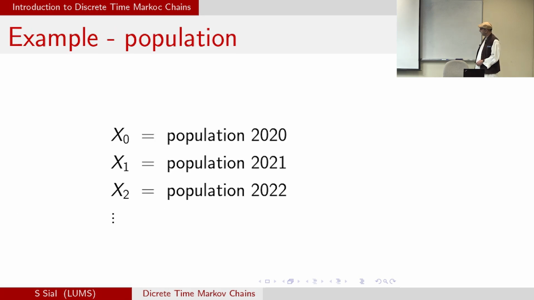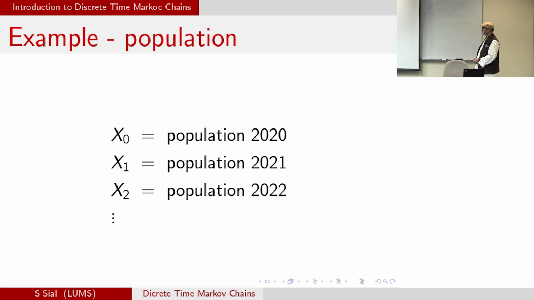So, for example, x0 could be the population in 2020, x1 could be the population of a country in 2021, x2 could be the population of a country in 2022, and so on.